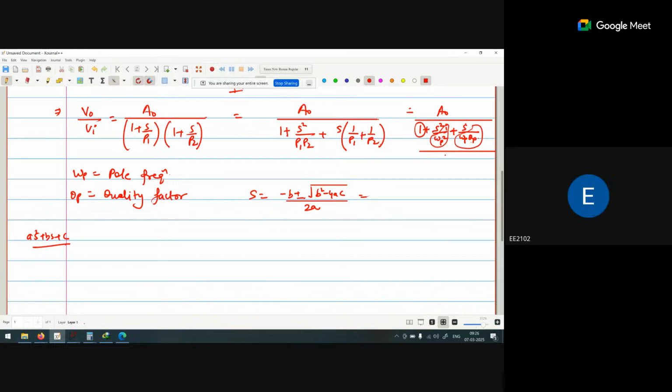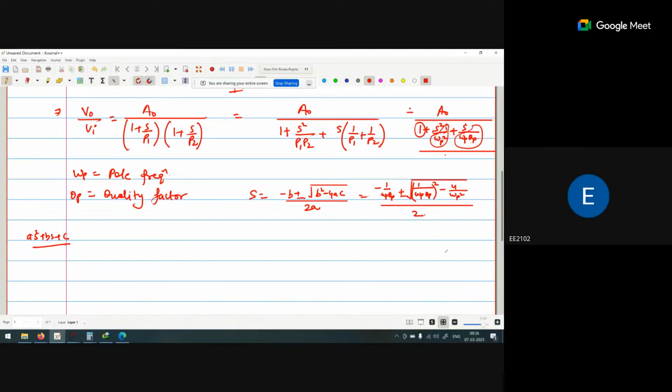So if I put in the values here, it is 1 upon omega p qp, plus or minus the square root of (1 by omega p qp) square minus 4 upon omega p square, divided by 2.